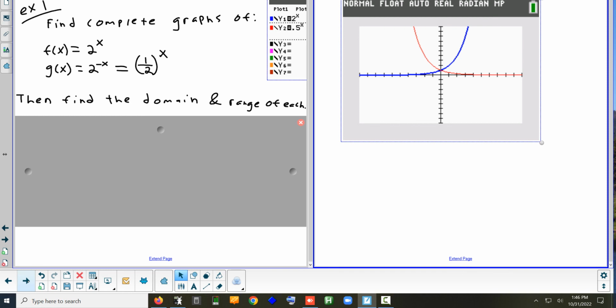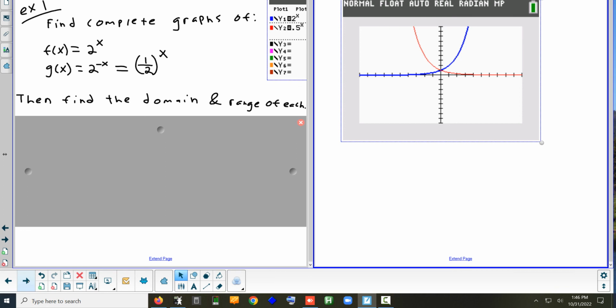The domain. Positive. Okay, so the highest is positive infinity. How about the lowest for the domain? The lowest is 0. That would be for the range. That'd be for the range.